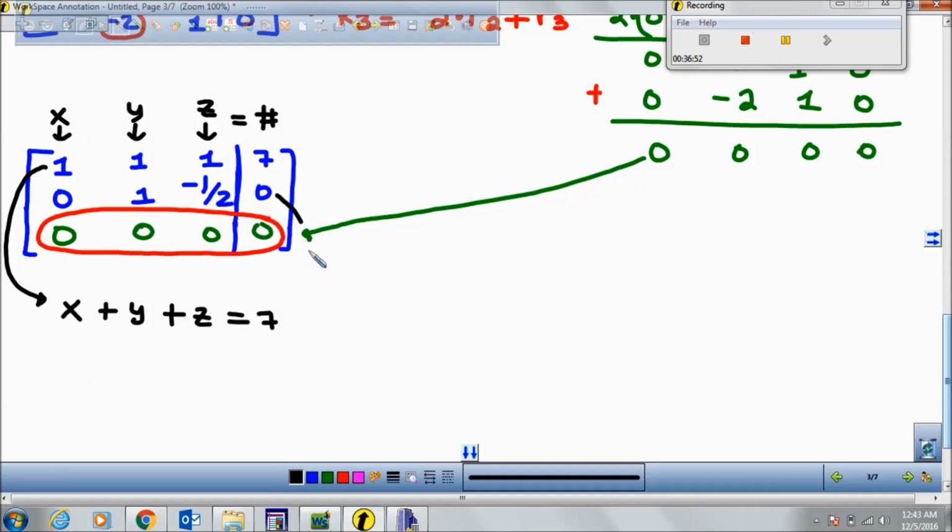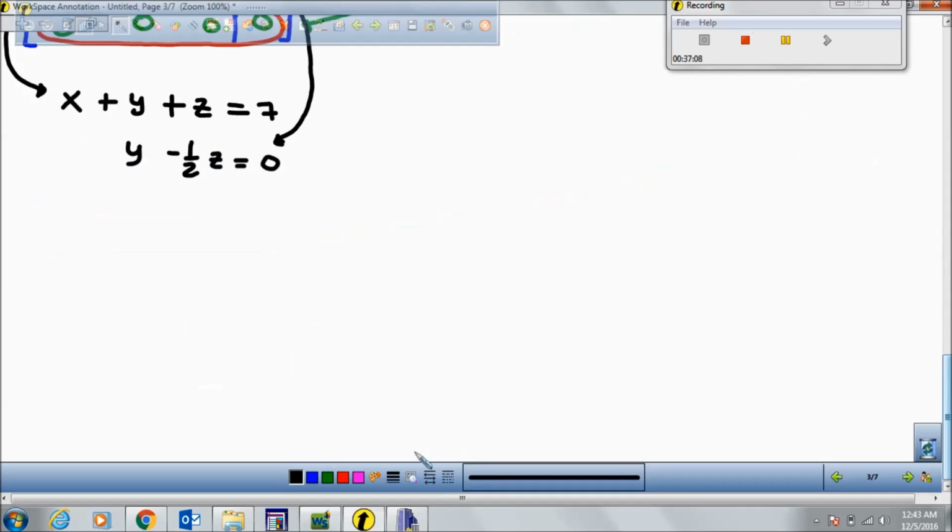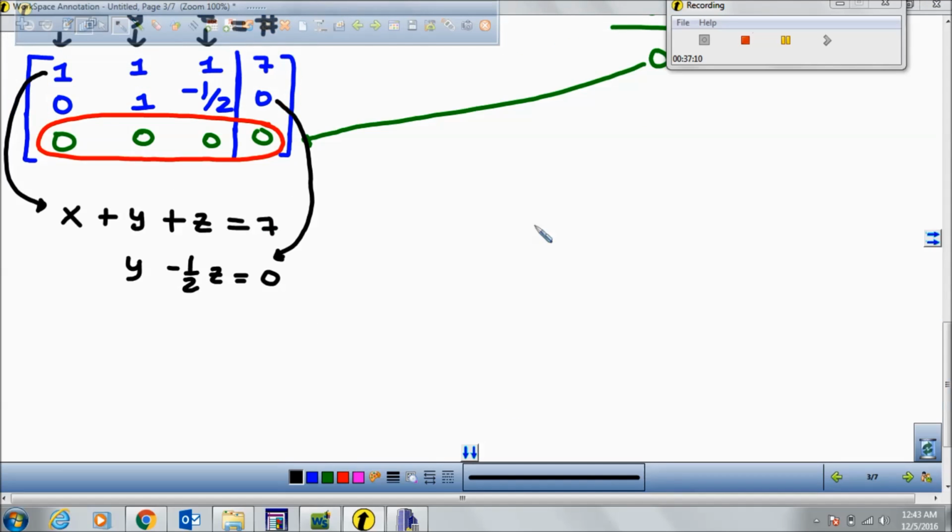Then the second equation is going to be no x, 1y minus 1/2 z equals 0. Okay. So we need to write the answer in the form x, comma, y, comma, z, right?